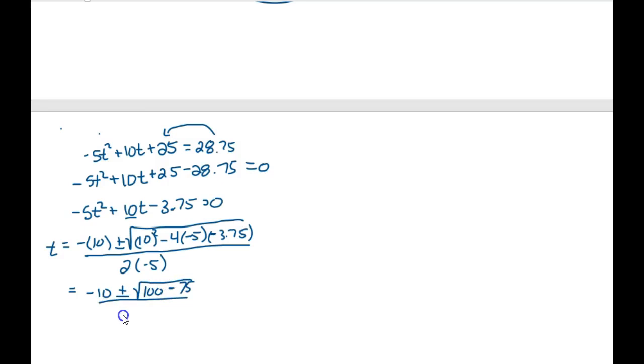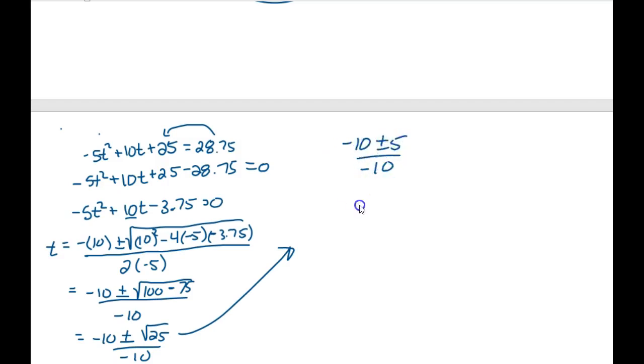Square root of 25, which is 5. So, two answers. You're going to have negative 10 plus or minus 5 divided by negative 10. So, first answer, t will equal negative 10 plus 5 over negative 10.